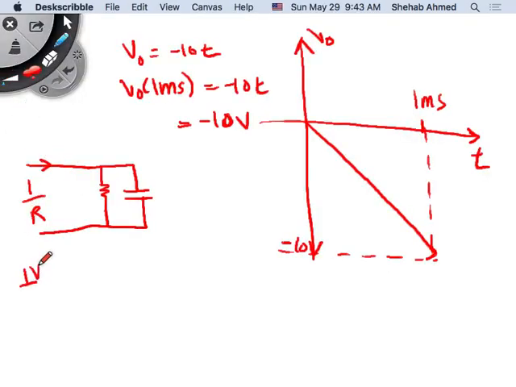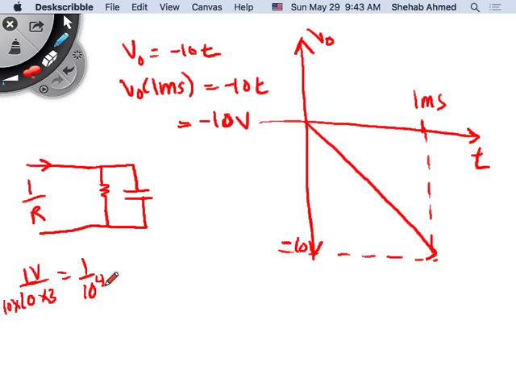1 volt divided by 10 kilo ohm, so that's 1 over 10 to the fourth.